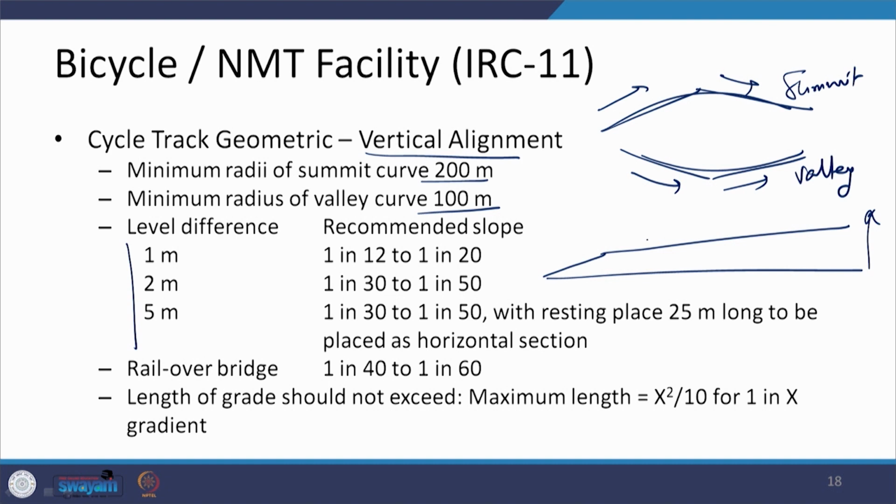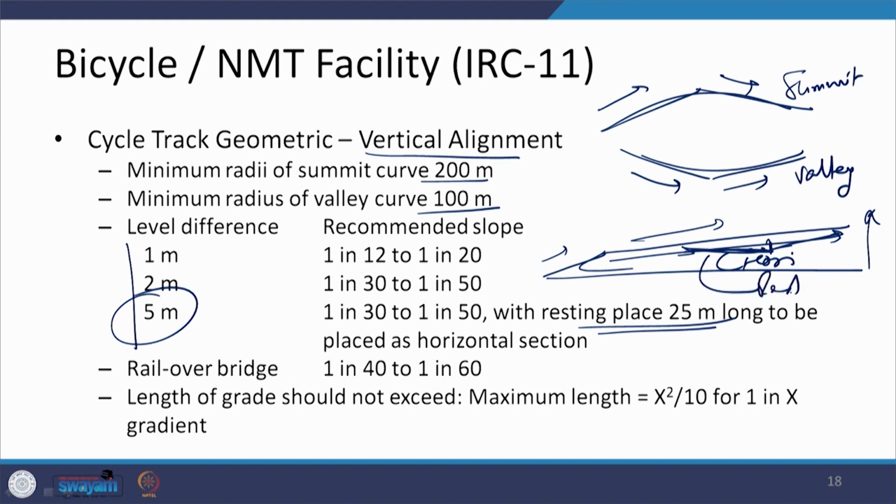Another thing is, even if we are providing this lesser slope, if it keeps going continuously say for a kilometer or so, that is probably also going to create a problem. That is where, if the heights are something like 5 meters or more, then resting places 25 meters long need to be provided at intermediate locations. The way it is done is that this is created as a horizontal for the resting space, and then again a slope is going to be there.